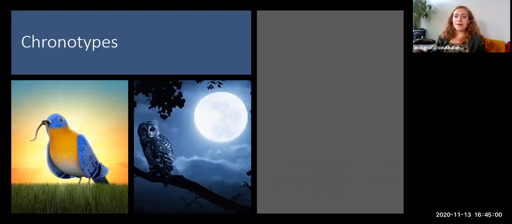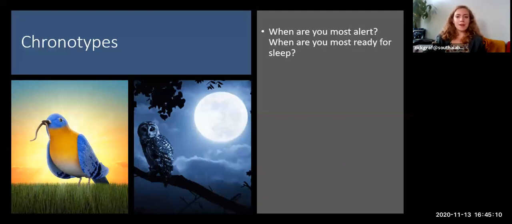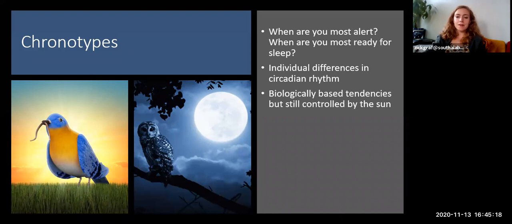So another aspect of our sleep is actually individual differences in our circadian rhythms. So in the timing of our circadian rhythms. This is known as chronotypes. So chronotypes kind of refer to when a person is most alert and when they're most ready to sleep. And that differs for all of us. These are biologically based tendencies.